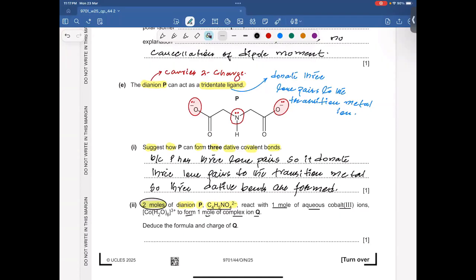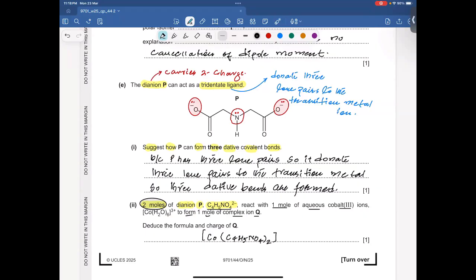All right. So we have cobalt 3 ions. We have this complex C4H5NO4. Since we are using 2 moles, it must be taken 2.